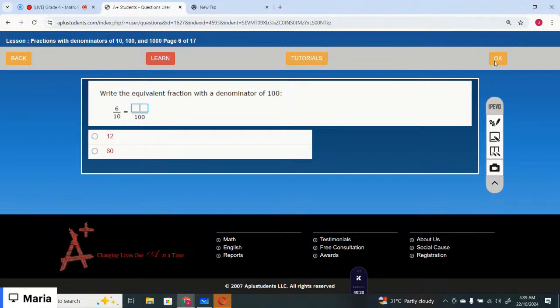That is 60 over 100. The correct option is 60. Option number 2 is the correct option.